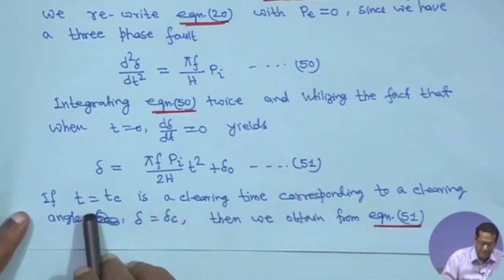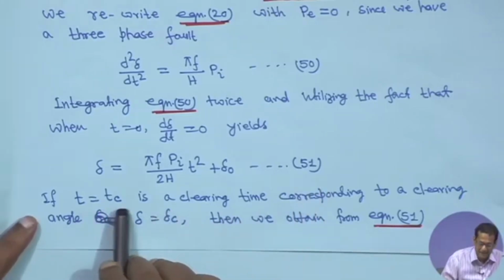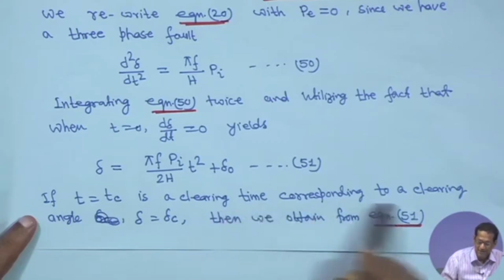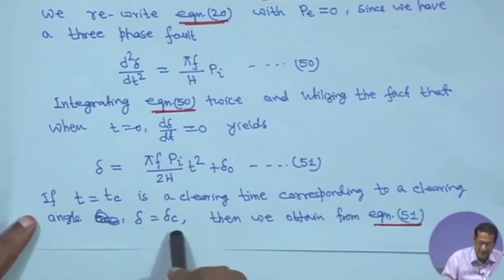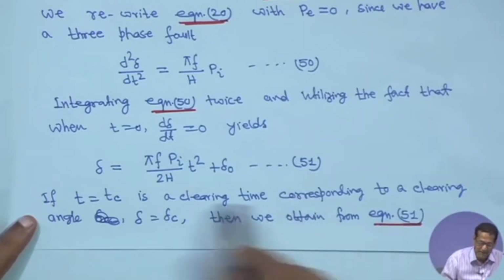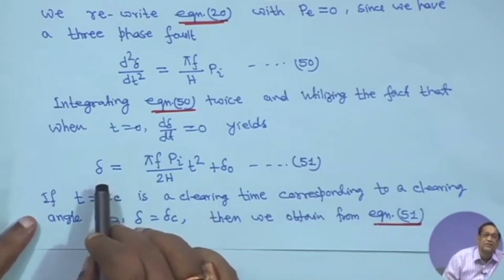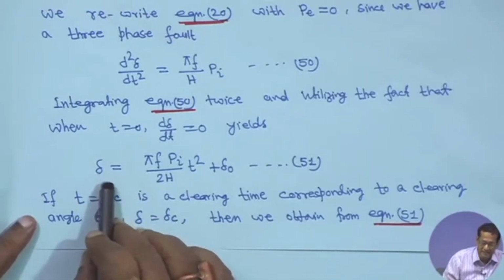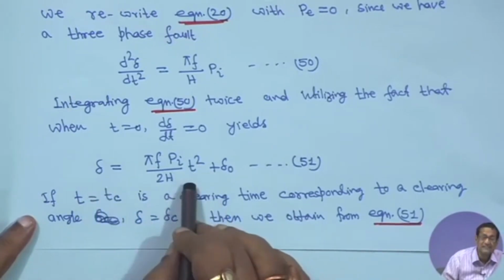Now, if t is equal to T c, say the clearing time corresponding to a clearing angle delta equal to delta c, then in equation 51 you put delta is equal to delta c and t is equal to T c.